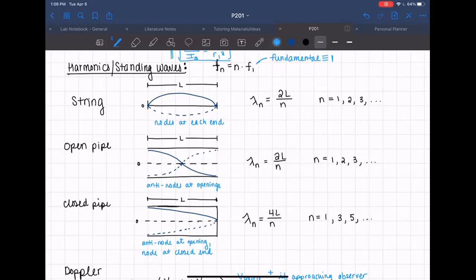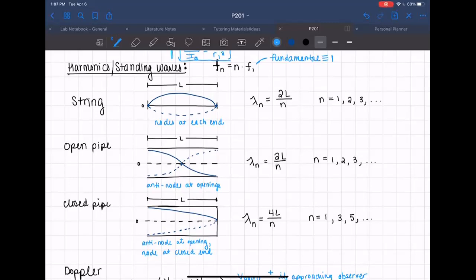But what you're supposed to get from these pictures is that you can get these relationships for the resonant wavelengths in terms of the length and that wave number n. The rules for that, based on the geometry, are going to be slightly different for strings and open pipes than for closed pipes. So I just have those all listed out.